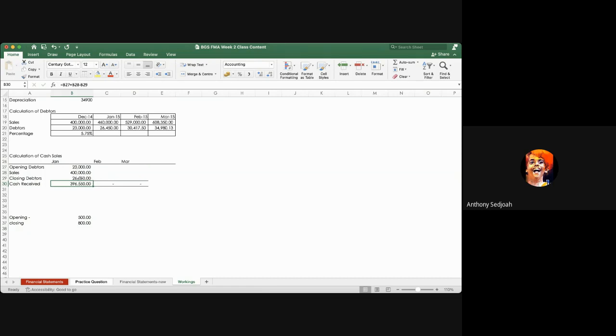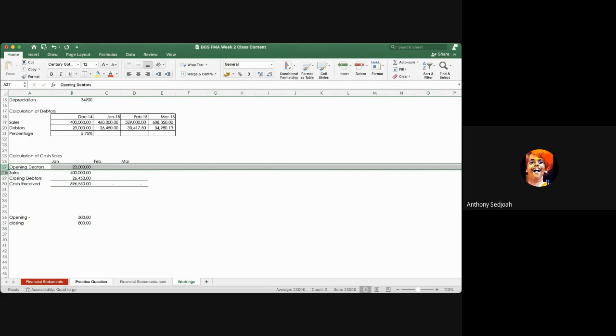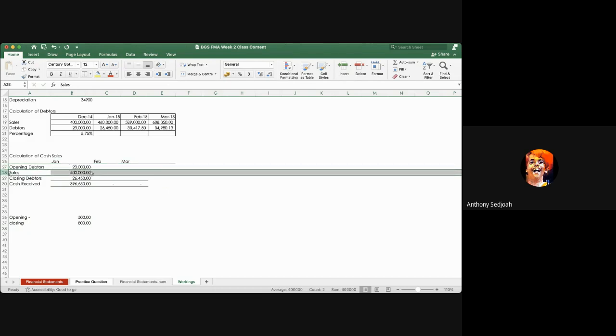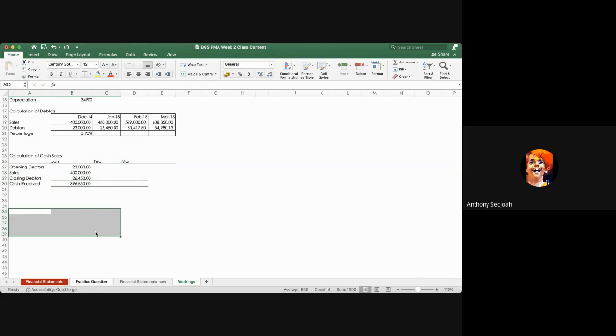But at the end, we have 26,450. So it's likely all the 23,000 have paid, and part of the 400,000 we sold has paid. You get it? So that's the logic behind the calculation of the cash sales, or the cash received.